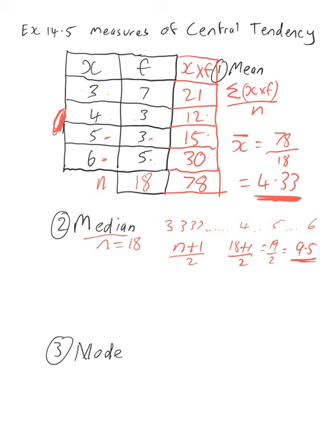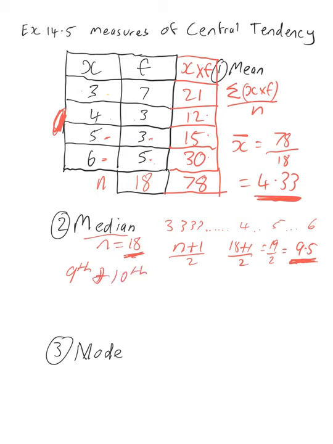Now that hasn't come to a whole number because n is an even number, and it tells us there are 2 middle positions. And in this case, it is the 9th and the 10th position.